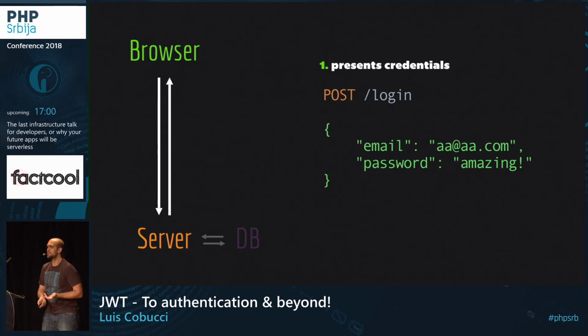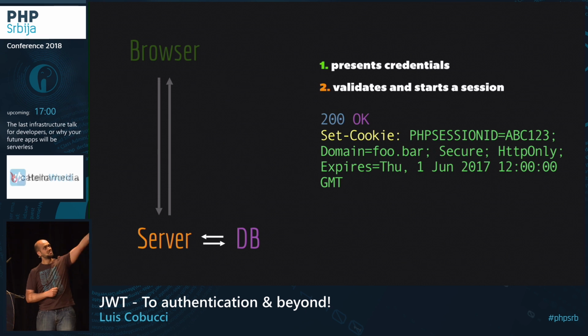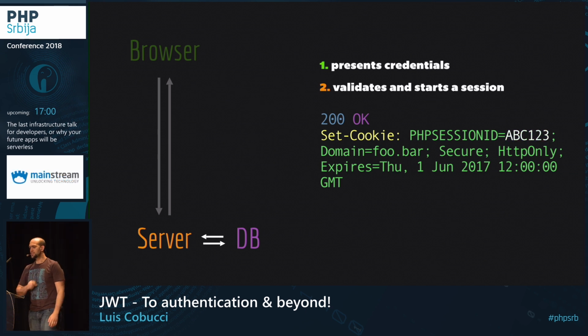But before getting something back, the server goes there and says, hey, the credentials that you're sending me are actually valid, or they're not valid, and I will give you the proper response. If everything is good, I would say 200 OK, and this is your cookie. Here, the session ID is the identifier.